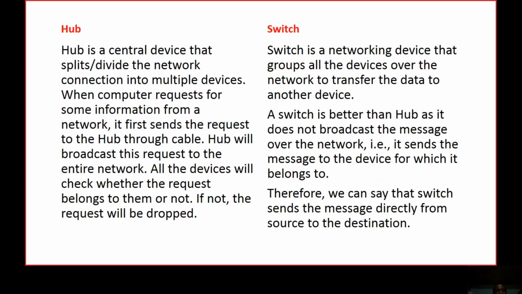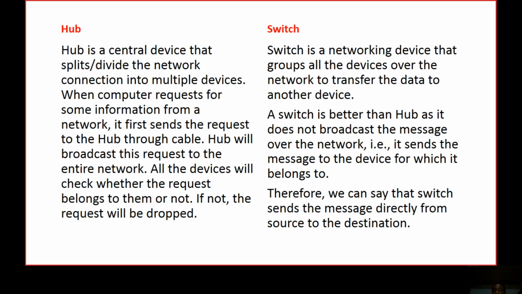Hub is a central device that divides the network connection into multiple devices. Switch is a network device that groups all the devices over the network to transfer the data to another device.